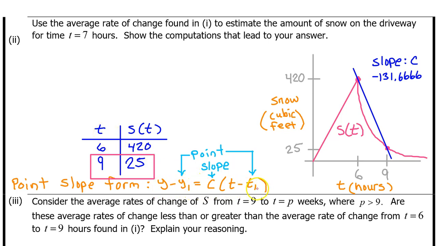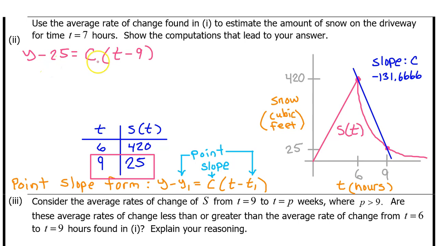So the equation is going to be in this form. We write y minus y, so y minus 25, is equal to the slope, and we can just use the letter c since we defined the average rate of change as c, and then times t minus t, so t minus 9.